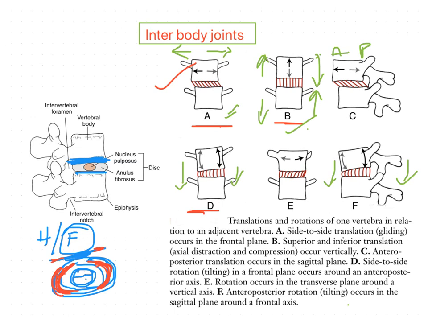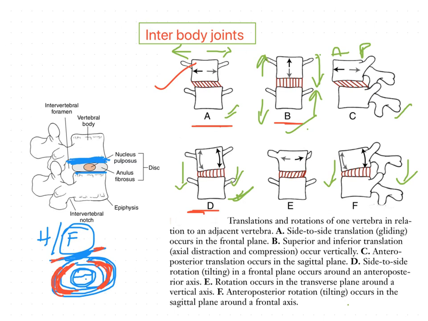In the C diagram, anterior and posterior translation occurs in the sagittal plane. And in D, this one is rotation, that is tilting.